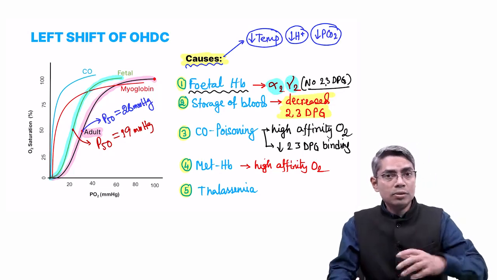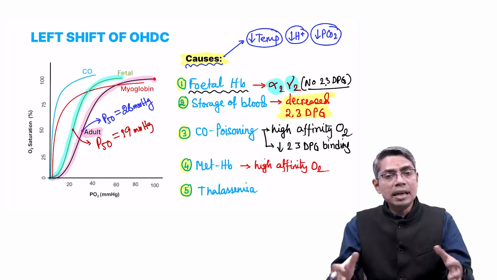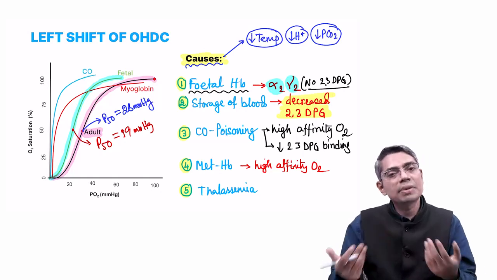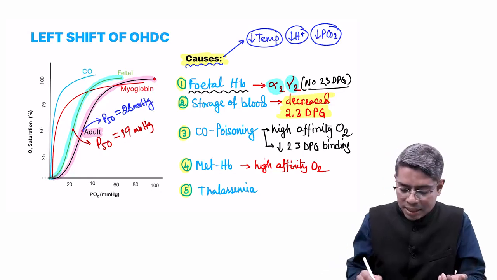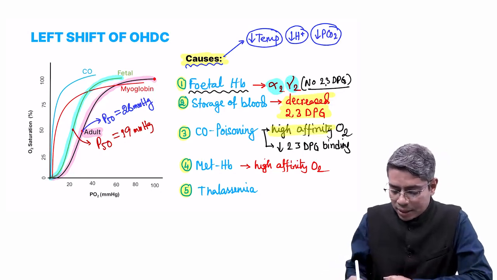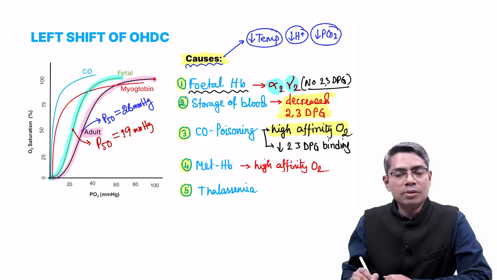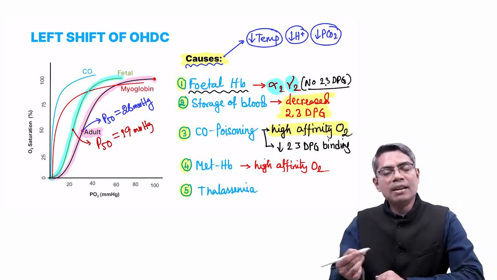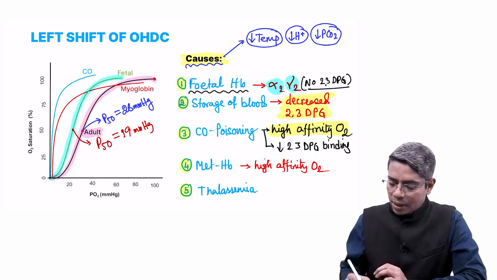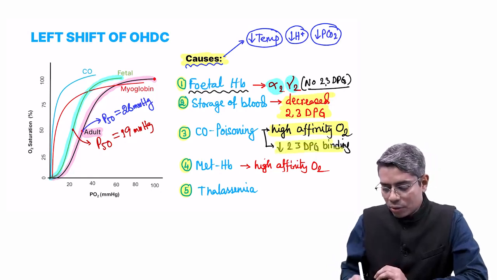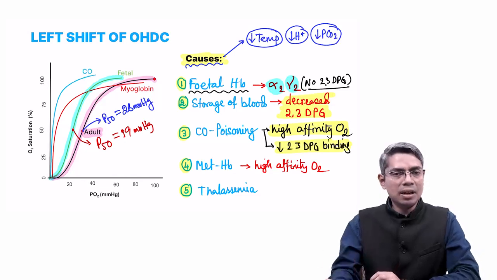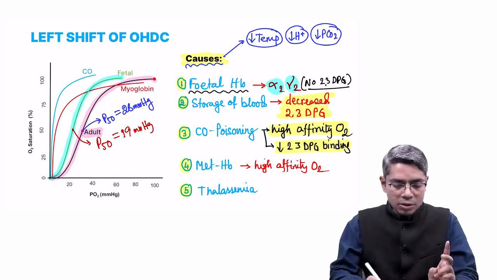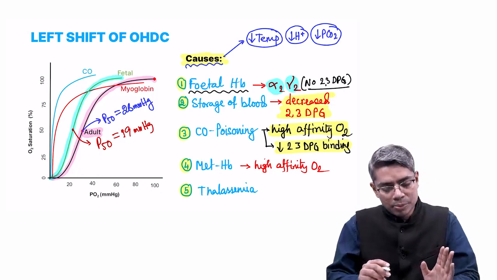That means the oxygen which is already there becomes high affinity state, and high affinity state means which kind of shifting? That is left shifting. That is why we say that upon binding of the carbon monoxide, the oxygen becomes high affinity state with the hemoglobin. And not only that, carbon monoxide also decreases 2,3-DPG binding with the RBC. So, these are the two causes of left shifting in case of carbon monoxide poisoning.